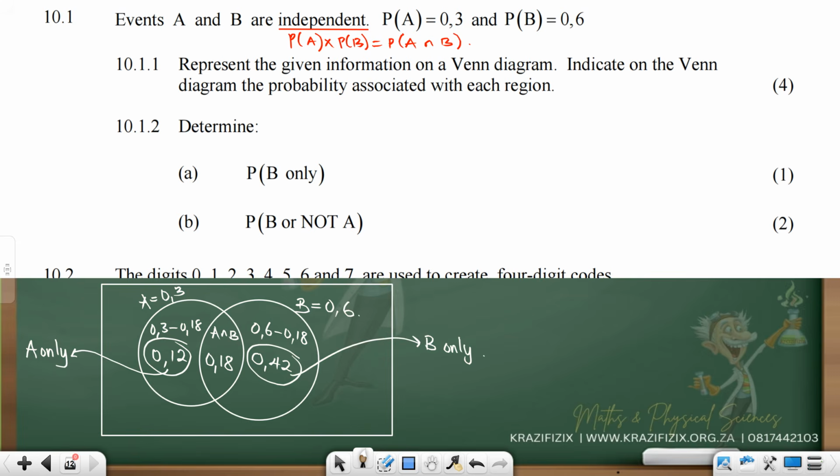But do you think we are done? Could there be something outside here? Possible. How do I get that? 0.12 plus 0.18 gives us 0.3. 0.3 plus 0.42 gives us 0.72. The entire probability should be equal to 1.